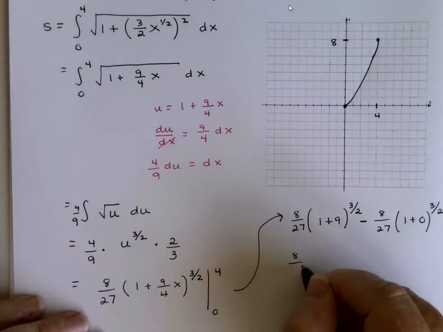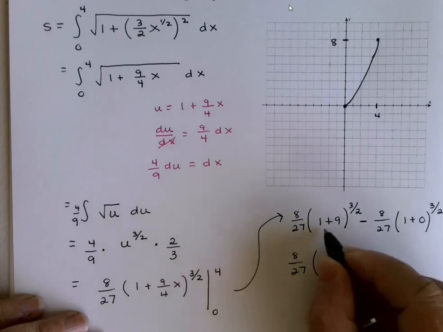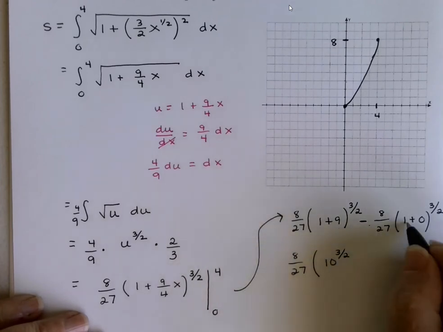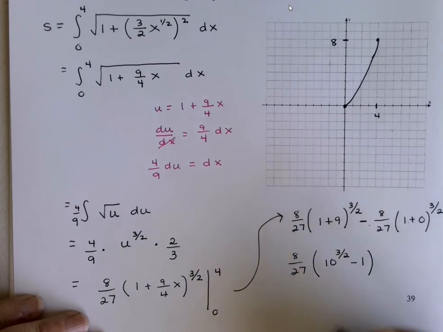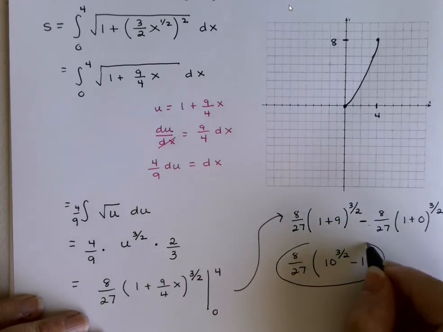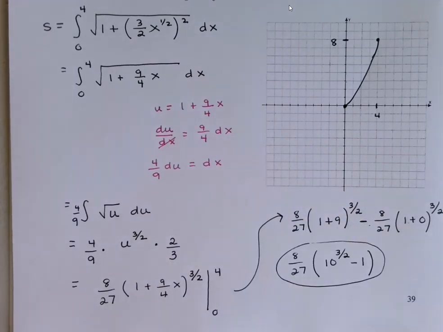I'm going to factor out the 8/27, and I'd get 10 to the 3/2, and then just minus 1. 1 to the 3/2 still being 1. So there's an exact answer for us. We could, of course, plug it in the calculator and get a decimal approximation as well.